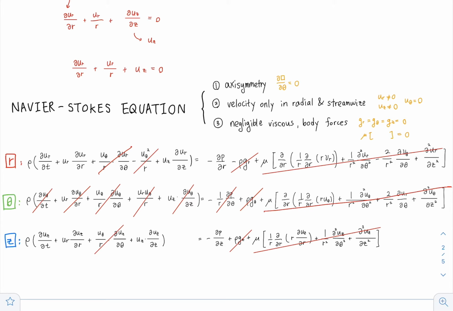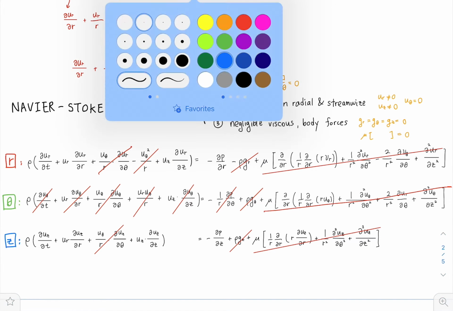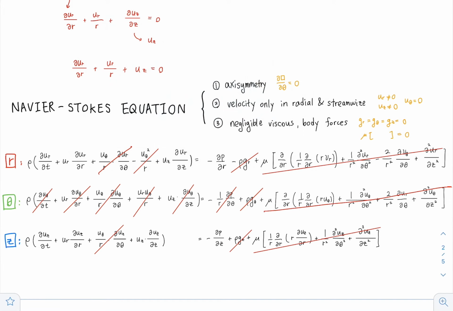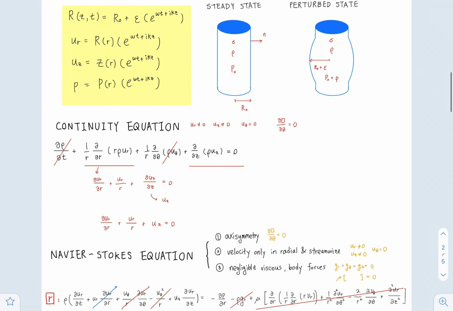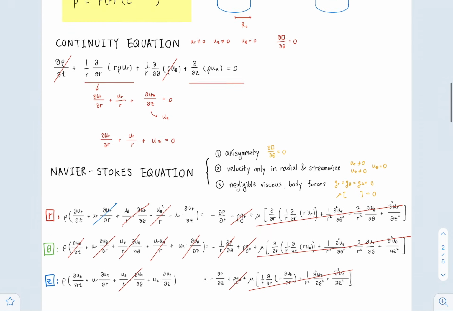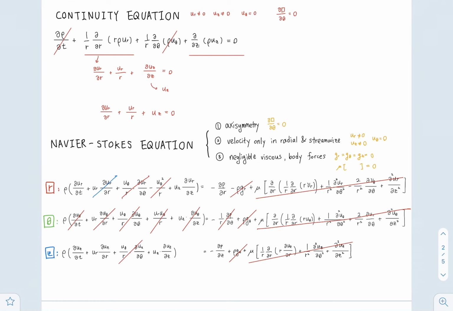And we can further simplify this by saying that our epsilon is very small, therefore it is appropriate to consider linearization. Therefore, we do not have to consider these terms, because if you actually calculate ∂/∂r using this equation here, so if you do the derivative for u_r, you will get a second order term with respect to epsilon.